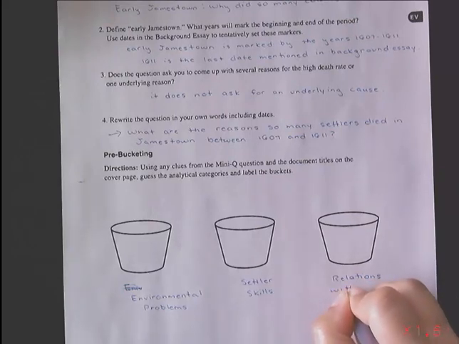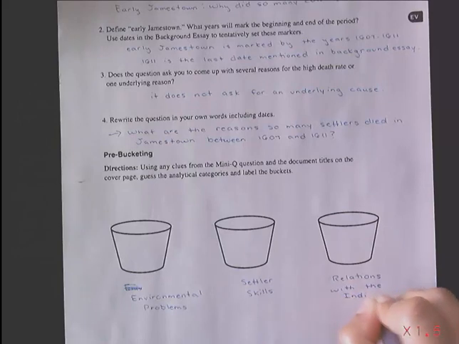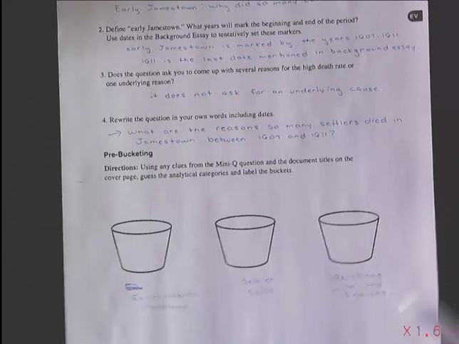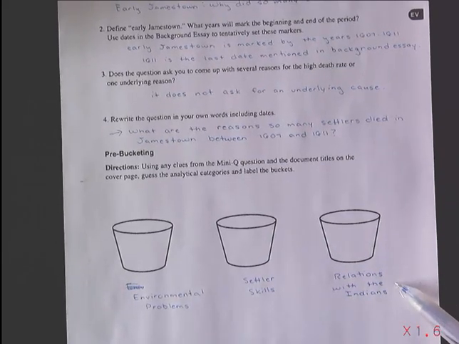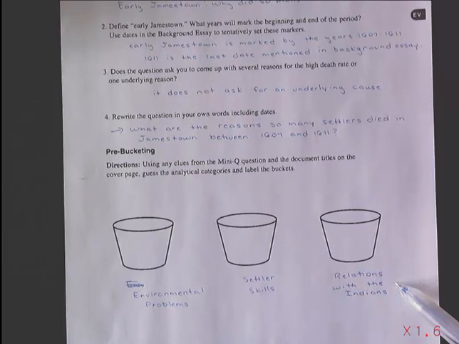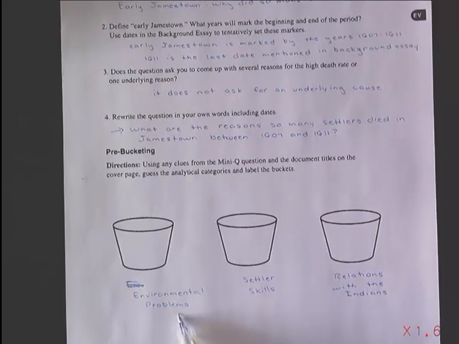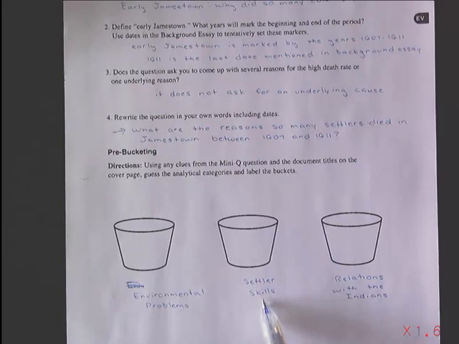And then your last one is going to be relations with the Indians, because remember, the Indians were already there when these settlers came. Okay, so as you're reading through the documents, you're going to then at the end ask yourself, did that document deal with something about the environment, something about the settlers' capabilities, or did it have something to do with their relationship with the Indians?